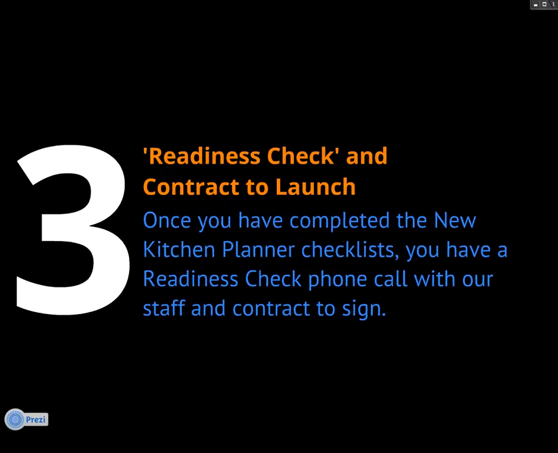The final thing: we've created the Campus Kitchen Planner in a way that once you've completed all those tasks, we can be pretty well assured that you're ready to launch your Campus Kitchen. We'll have a quick readiness check call with your team to go over any final logistics. Then you'll submit a contract through us to launch your Campus Kitchen. Once that is approved through your university and through us, we will set up an on-campus site visit.